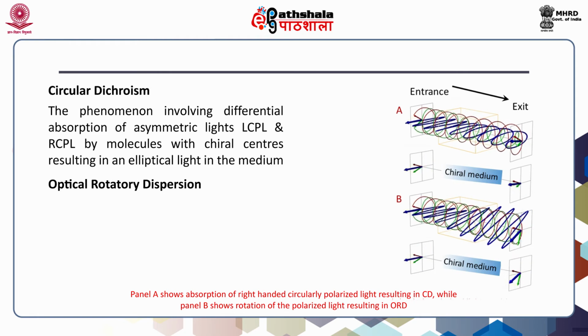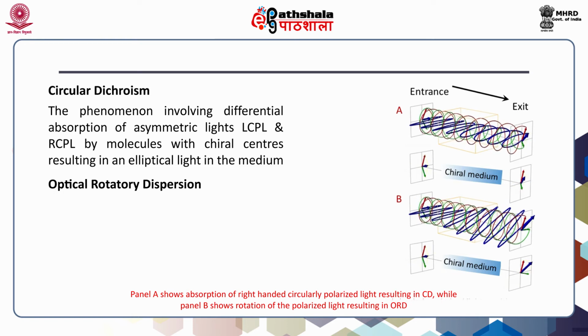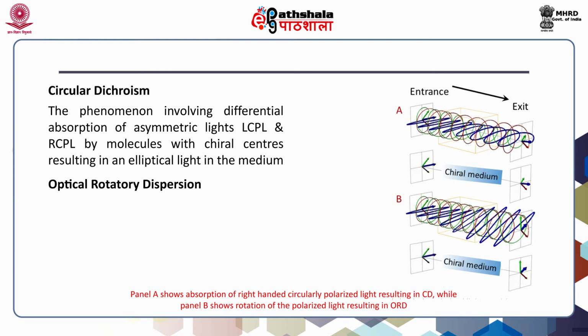The phenomenon involves differential absorption of asymmetric lights, that is LCPL, left-handed circularly polarized light, and RCPL, right-handed circularly polarized light, by molecules with chiral centers, resulting in an elliptical light in the medium.